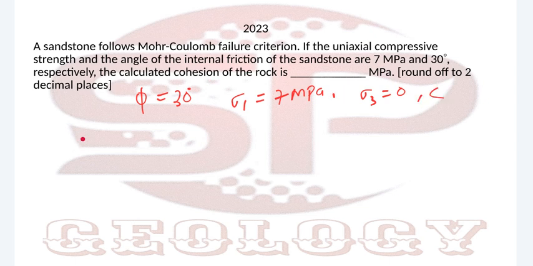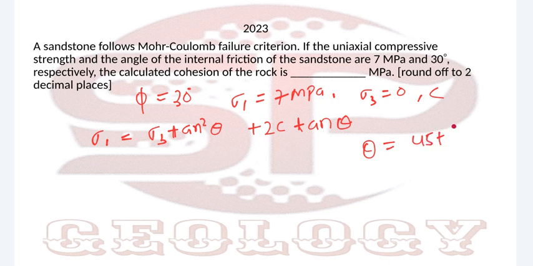So you will apply this Mohr failure criterion: sigma 1 is equal to sigma 3 tan square theta plus 2c tan theta. We know the relation between theta and phi: theta is equal to 45 plus phi by 2. Phi is given, so we can find out theta.